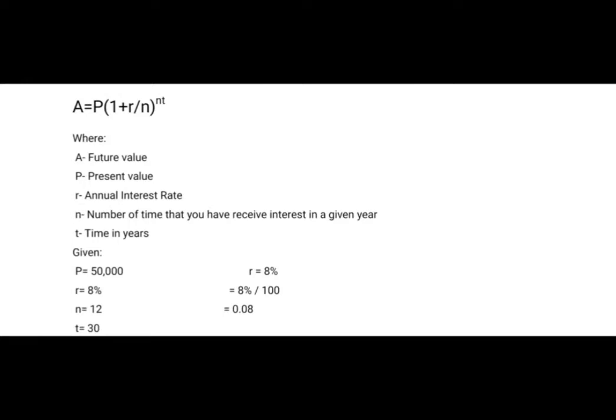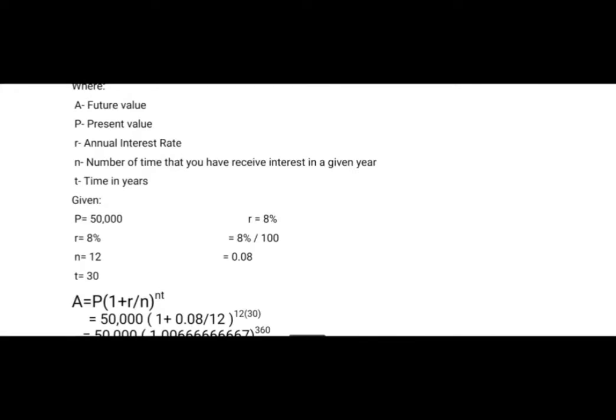We need to make r, the annual interest rate, into a decimal, which we do by dividing by 100. So 8% divided by 100 gives 0.08.